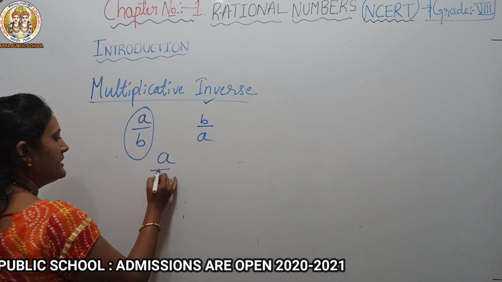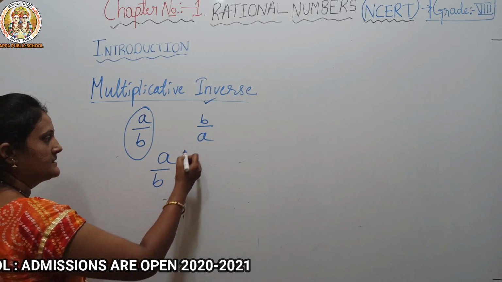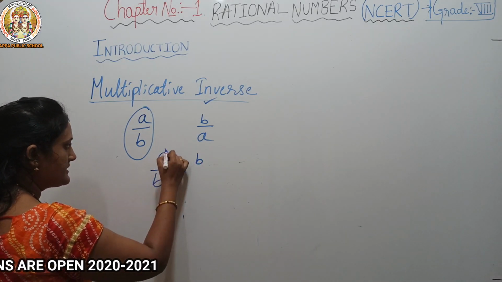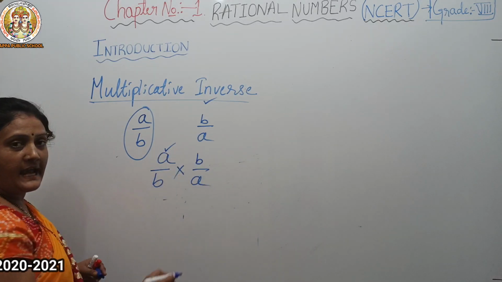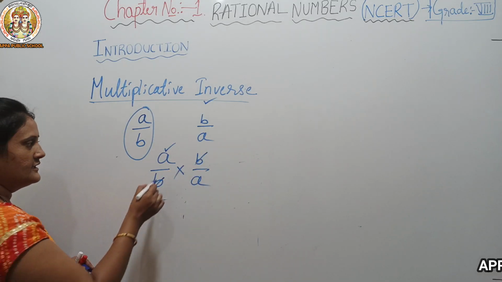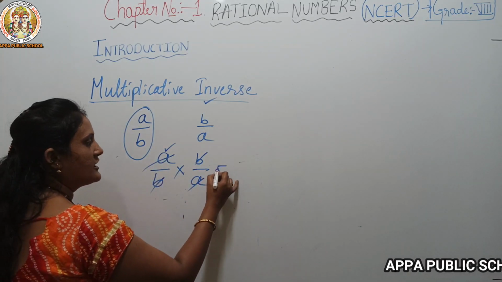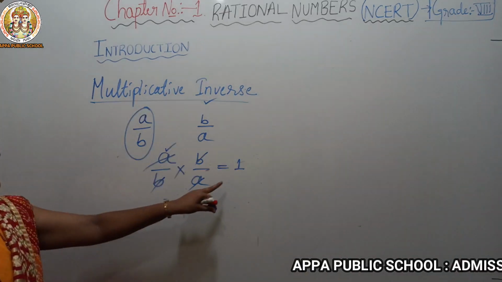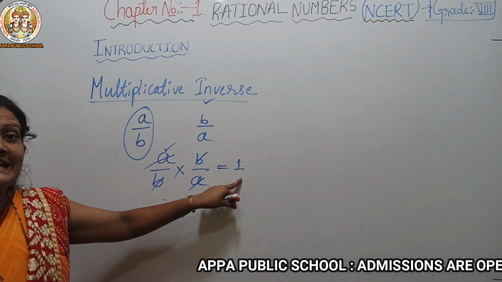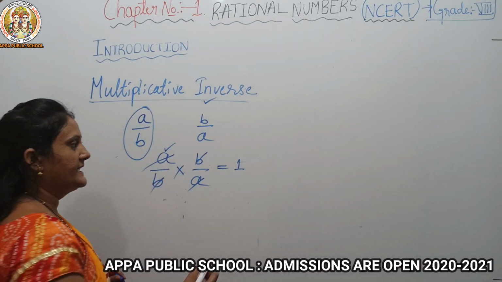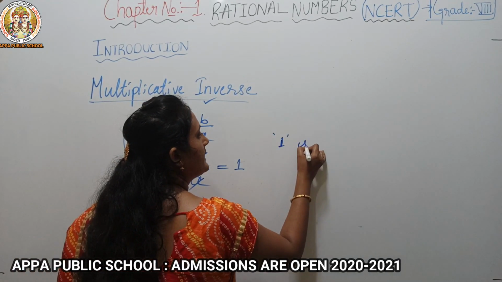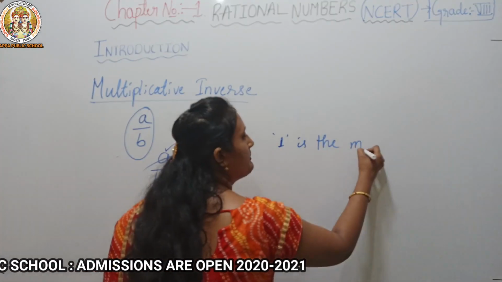So A by B multiplied by its reciprocal, which is B by A. B cancels, A also cancels. The product will be 1. So here we can say 1 is the multiplicative identity.